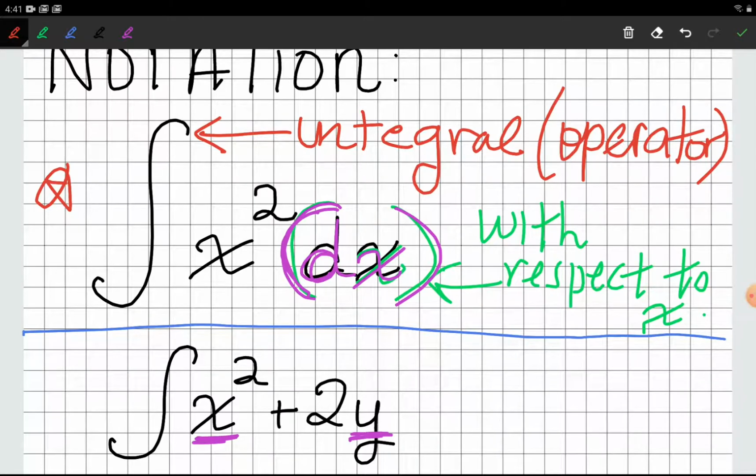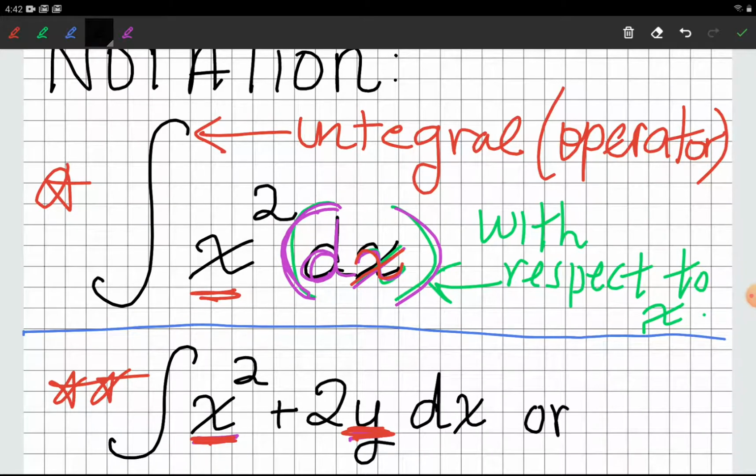In this first example, there's only one variable, so obviously it's going to be x. But in the second example, you have two variables. So now the person who wrote the problem has to specify, do they want you to find the antiderivative with respect to x or with respect to y?